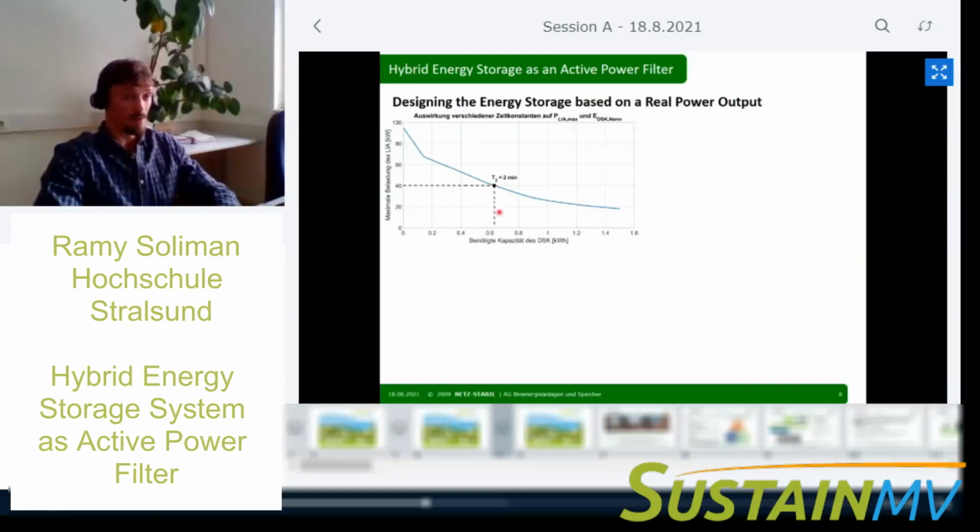So less load for the battery means more capacity for the supercapacitor is required. But you always have to consider the cost per kilowatt hour is 50 times higher for the supercapacitors than for the lithium-ion battery. You want to find a sweet spot.